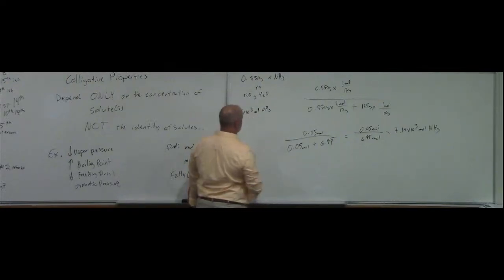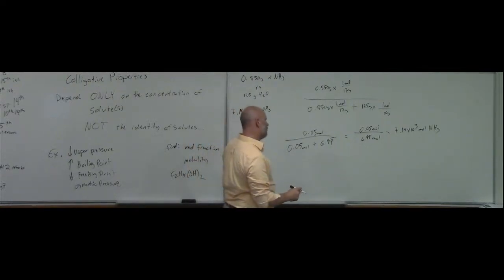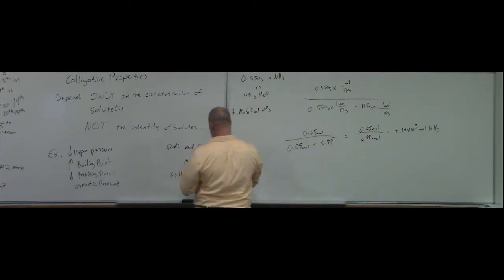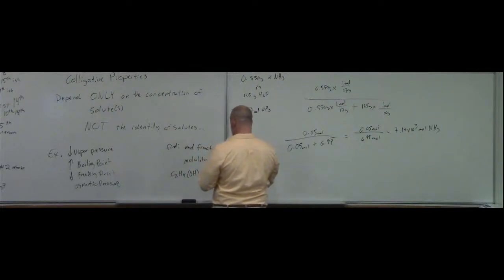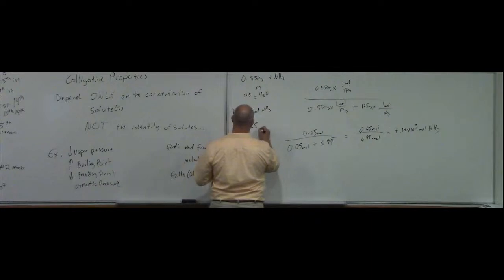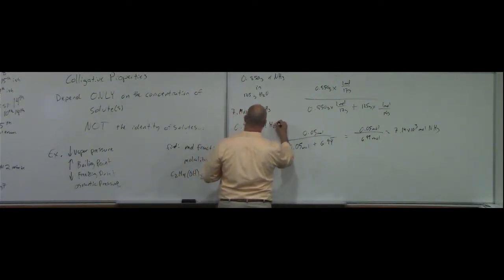You need to take that out of 1 to find the water. And so when I do that, I get 0.9928 moles of H2O.